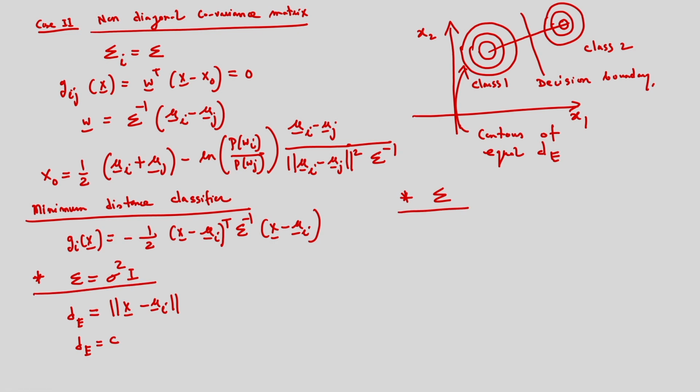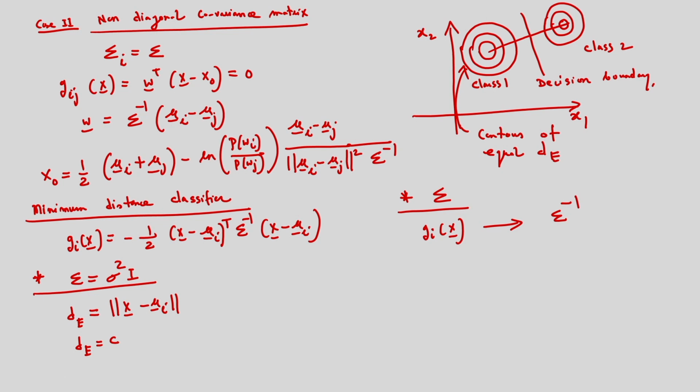In this case also I have to maximize the discriminant function. Maximizing the discriminant function is equivalent to minimizing the covariance matrix norm. That means I have to maximize the discriminant function gi(x), that corresponds to the minimization of sigma to the power minus 1.